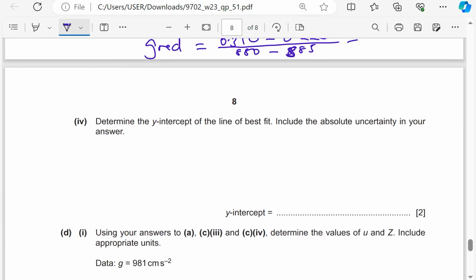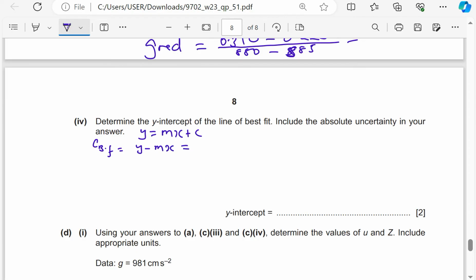The next is determine the y-intercept of the line of best fit. Include the absolute uncertainty in your answer. So for y-intercept, we shall use y equals mx plus c. Don't read the y-intercept from the graph. So we'll get c for best fit, which is going to be the y value minus m times the x value.